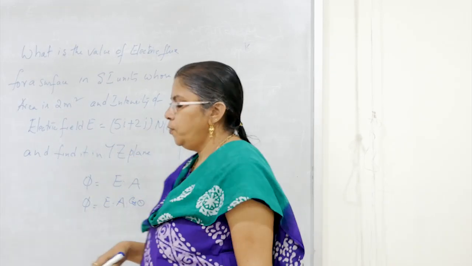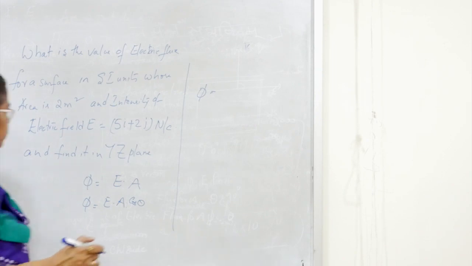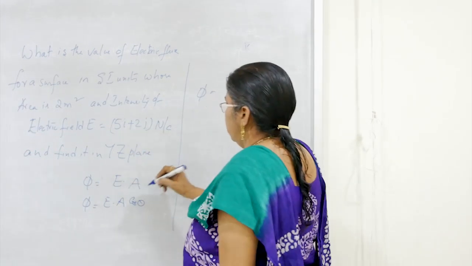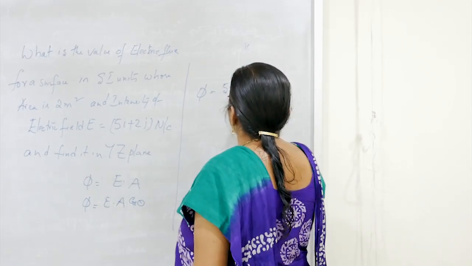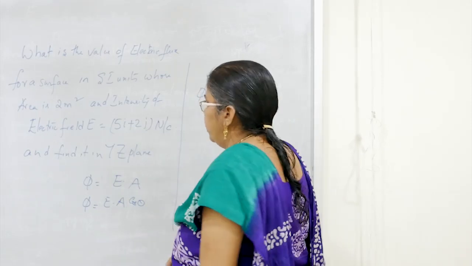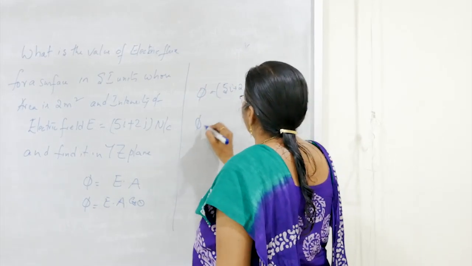So you write like this, phi is equal to E, which is 5i plus 2j, dot, in YZ plane you have only the vector i, so 2i.